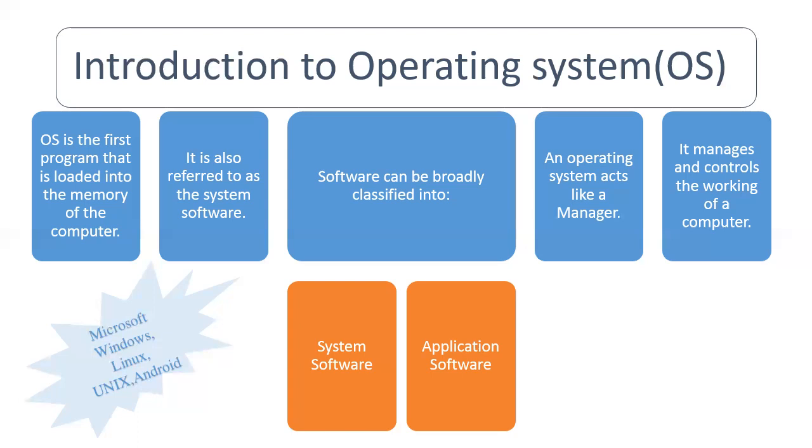There are certain examples of the operating system, which are Microsoft Windows, Linux for personal computers, Mac operating system for Apple computers, Unix for mainframe, and Android for mobile phone.